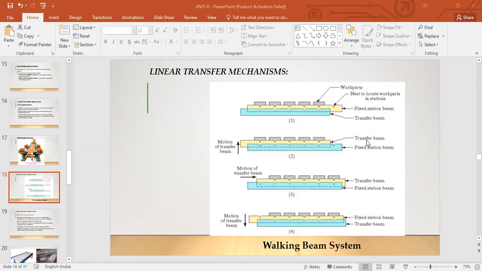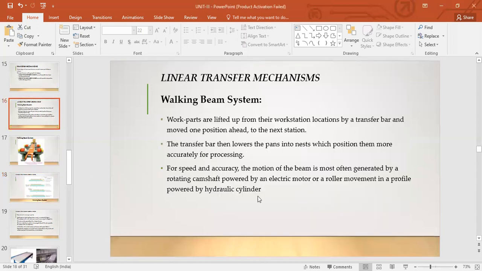This is a visual diagram you can draw in the exam if it comes up, and for you to understand. Work parts are lifted up from the workstation location by a transfer bar, that moving beam, and moved one position ahead to the next station.